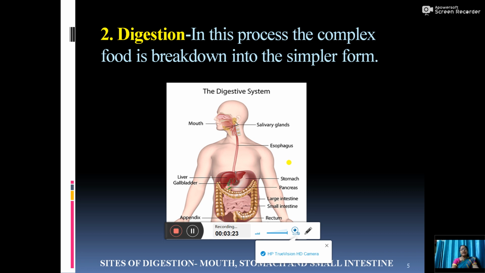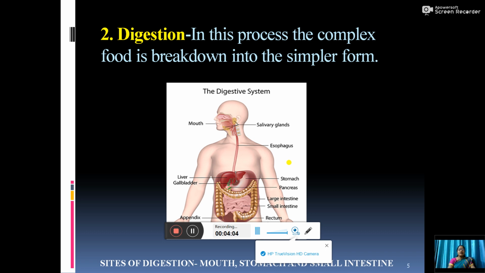So in front of you I have given the picture of the human digestive system. And children, you must draw this picture. I have shown here the mouth, salivary glands, esophagus, stomach, pancreas, large intestine, small intestine, liver, gallbladder, rectum.